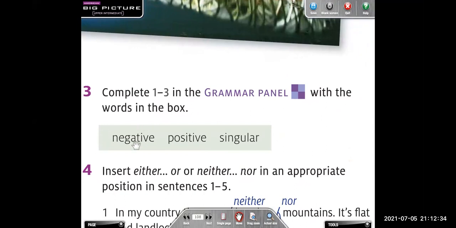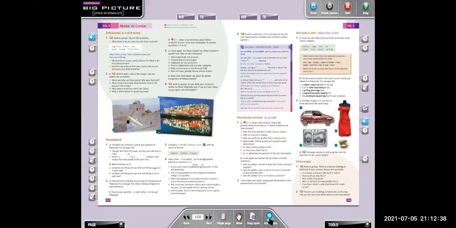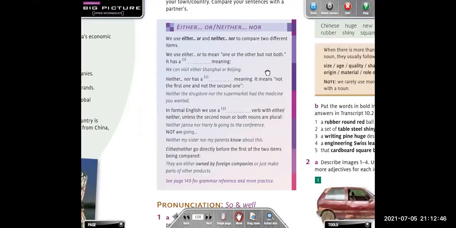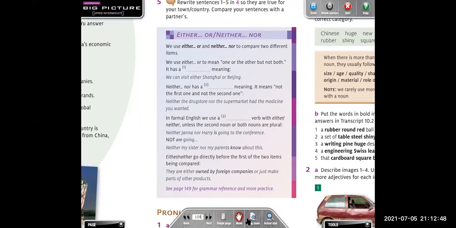So here we have negative, positive, or singular. Okay, so let's try to complete the grammar panel. We use either or neither nor to compare two different items.